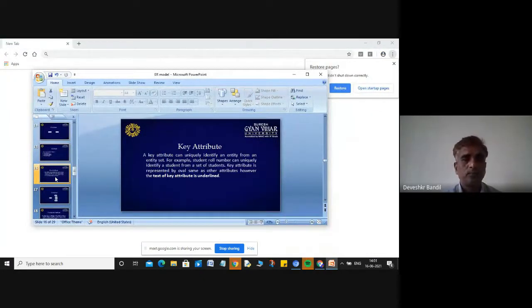Key attribute. A key attribute can uniquely identify an entity from an entity set. For example, through the student roll number, you can identify the particular student. Through the PAN card, you can identify a particular employee.